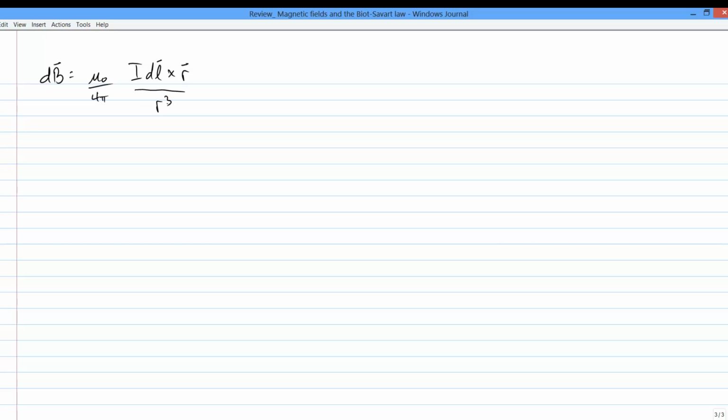Now, there is one major way in which the Biot-Savart law differs from Coulomb's law. Instead of coming from dq's, which are scalars, magnetic fields come from currents, which have direction. The source term in the Biot-Savart law is this goofy I dL thing, where I is the magnitude of the current going through a wire, and dL is a little differential bit of the length of the wire carrying the current, where the dL points in the direction that the current is flowing locally.